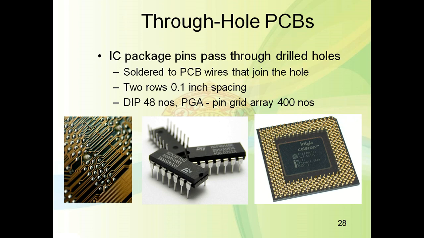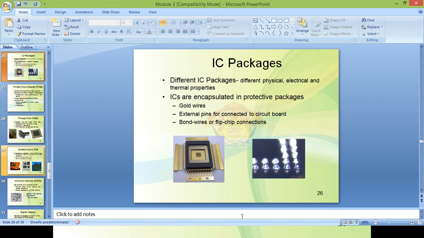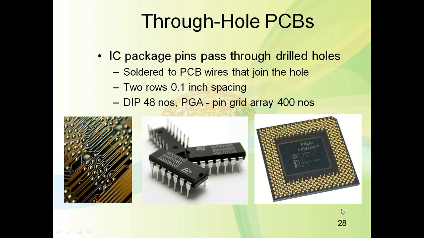For example, dual inline package ICs, where the spacing between two pins of the IC is about 0.1 inch. In the case of dual inline package, the maximum number of pins is about 48.